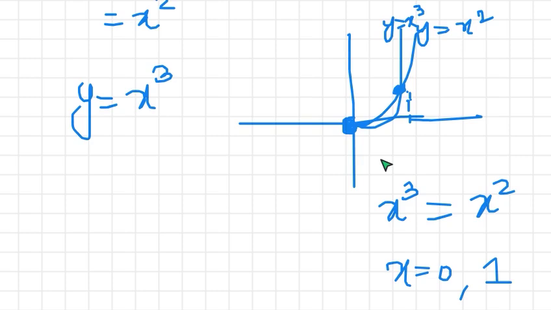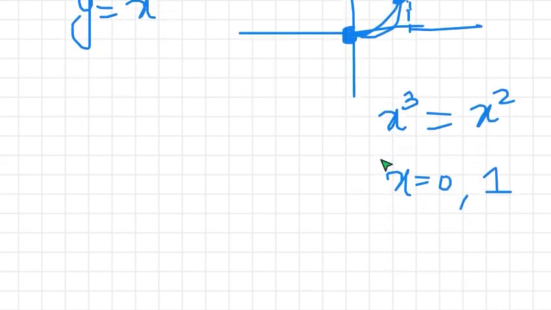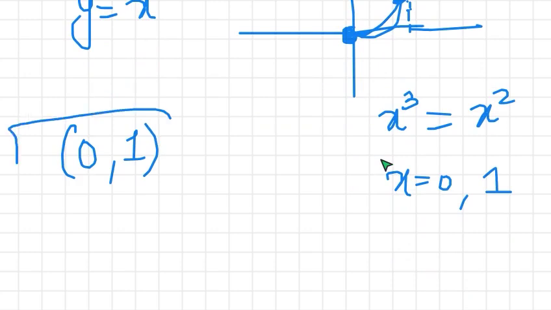So why did I draw y equal to x cube slightly below in the beginning? See, this is an important concept. Try to understand this. Pick any number between 0 to 1.